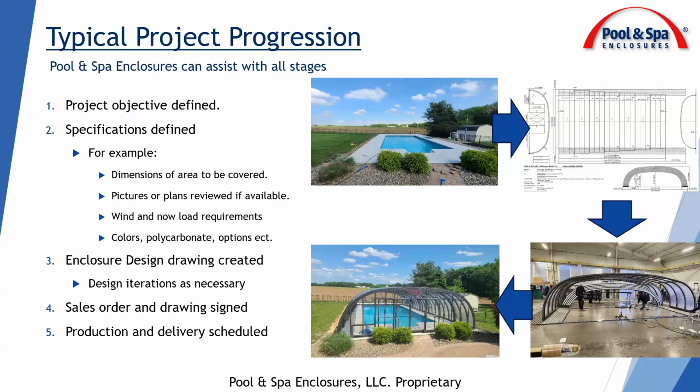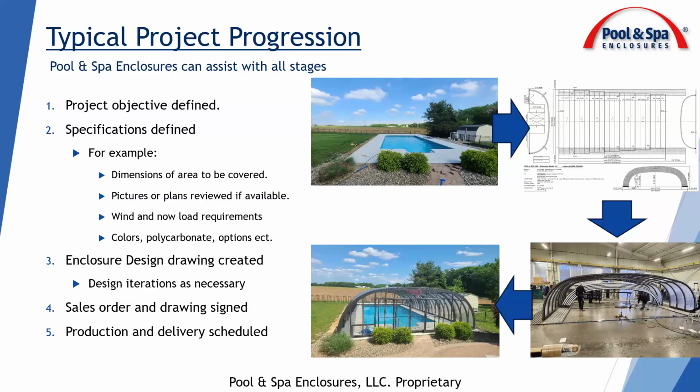Keep in mind, we can be on existing pools, spas, patios, restaurants, hotels, and the like, or it can be new construction. Either way, we're here to help you design that layout.